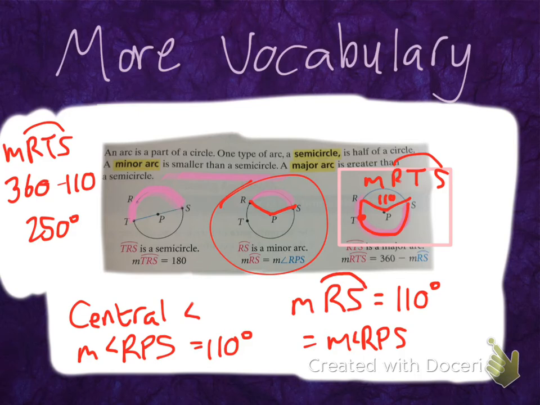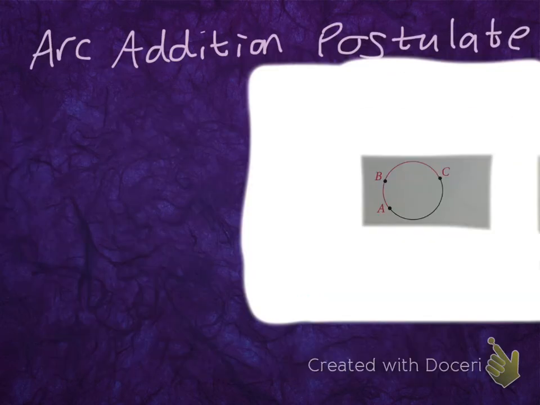Okay, so the minor arc is 110, the major arc is 250. But really what I just used here is this thing called a postulate. We used a postulate called the arc addition postulate.